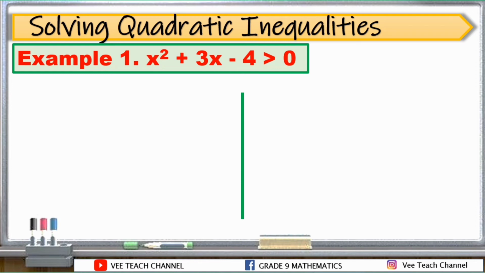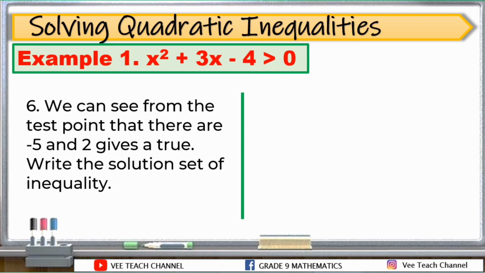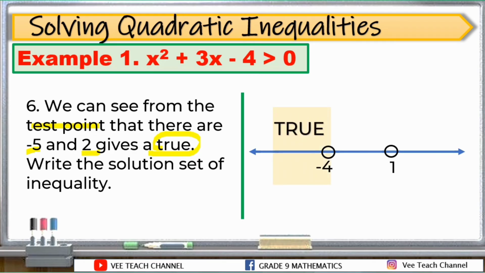Now, balik tayo dun sa ating number line. We can see from the test points that -5 and 2 give a true. Right? The solution set of the inequality. Nakita nga natin, di ba? Nasabi ko na rin, na dalawa sa test point natin ay nag-true. Ayan, dito sa first region, sa -5, true yung lumabas. Ibig sabihin, part siya ng ating solution.